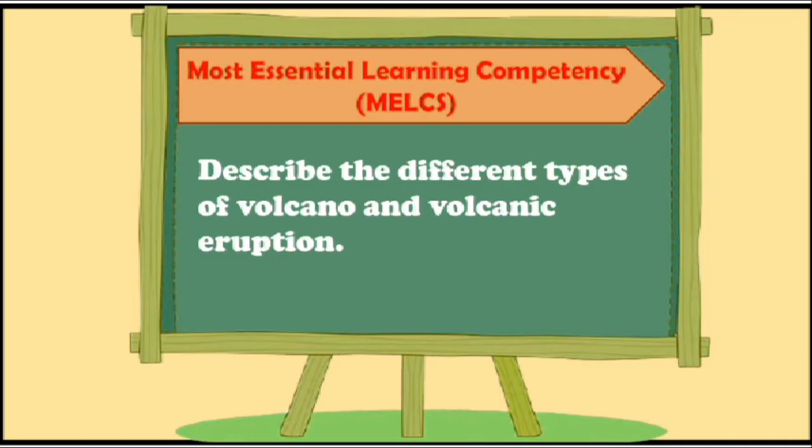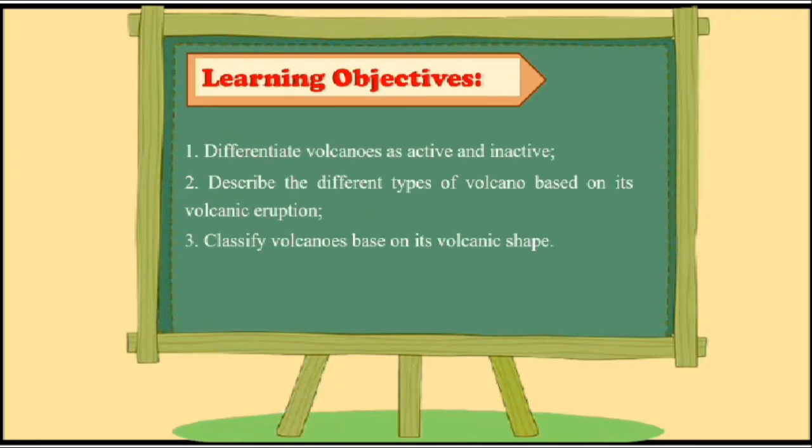And we have the following learning objectives. Differentiate volcanoes as active and inactive. Describe the different types of volcano based on its volcanic eruption. Classify volcanoes based on its volcanic shape.